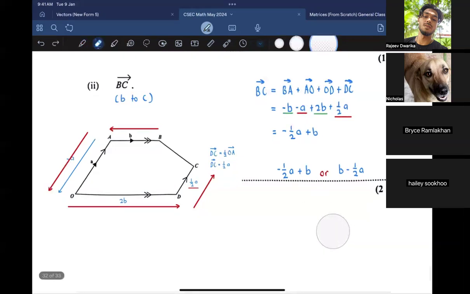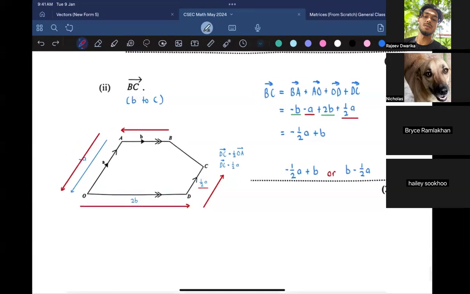That would be minus what? Minus 1, right? Minus 1 plus 2, plus a half, and you'll get negative a half. And then you just put the a. Right, so that's it.